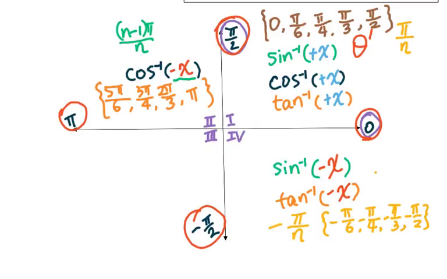When you're working on the value of an inverse function, have this pattern ready, like pi over n, n minus 1 pi over n, or negative pi over n.